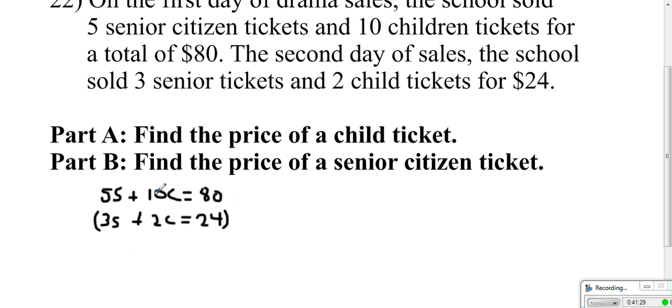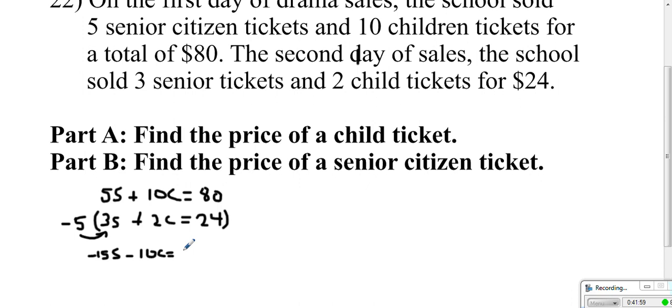To eliminate the C's, I need this to be a negative 10C for it to cancel out. So for it to be a negative 10C, I would have to multiply that 2 by negative 5. And that's what I have to multiply the whole thing by. So I'm going to get negative 15S, negative 10C.